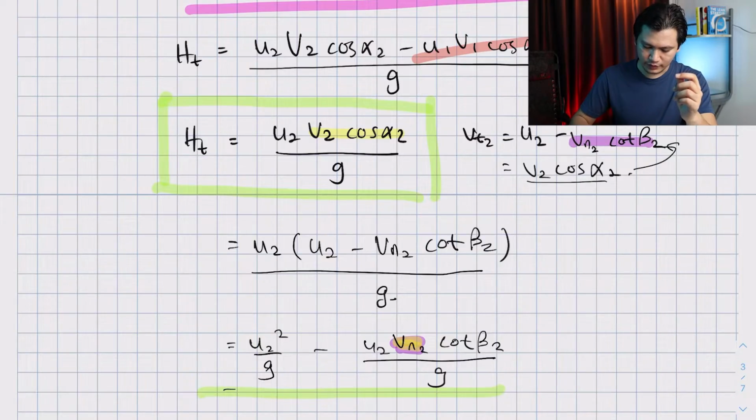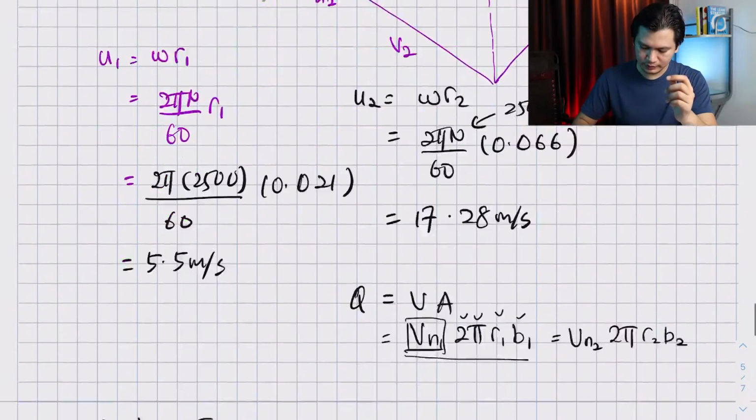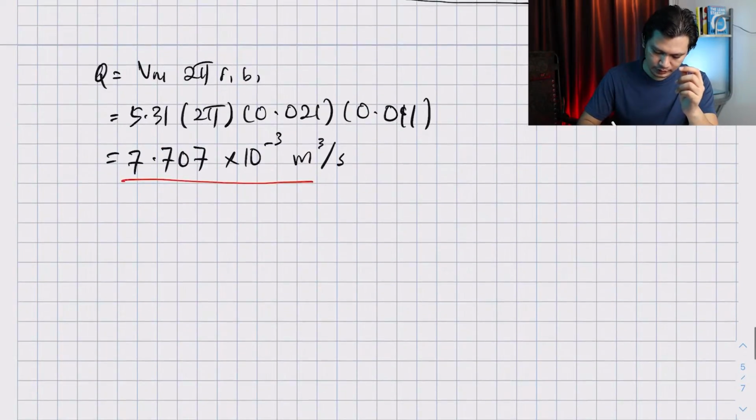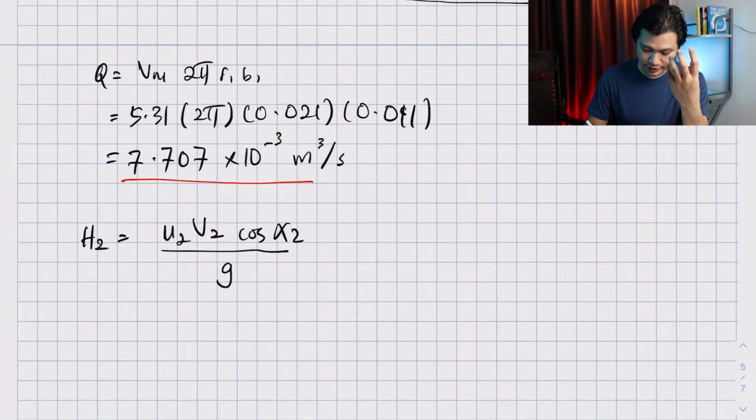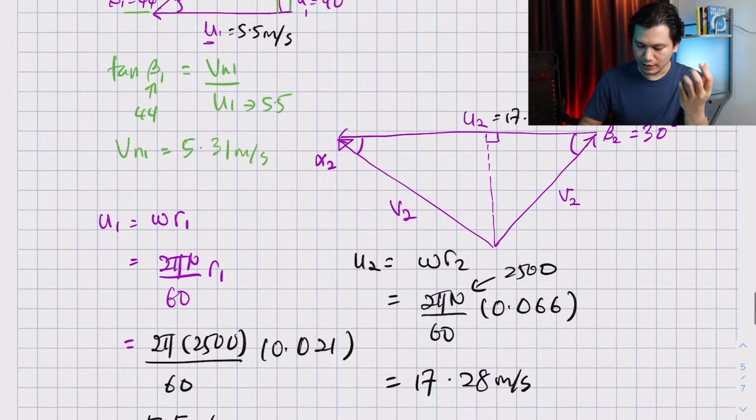If I write it again here, HT is equal to U2 V2 cos alpha 2 divided by g. Now here is the interesting bit. We already know U2. What we need to find is V2 and alpha 2. Let's take a look again at our velocity triangle here.